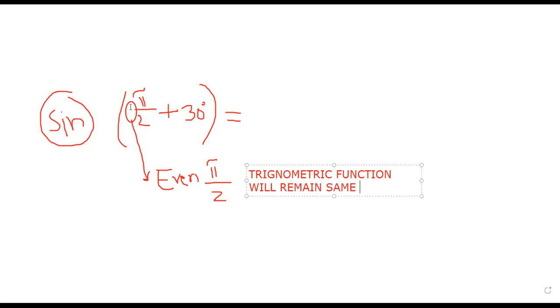If there is an even multiple of pi over 2, for example sine of 2 times pi over 2 plus 30, this will be equal to sine of 30. So we know that sine of 30 is equal to 1 over 2. This is the value of this function.